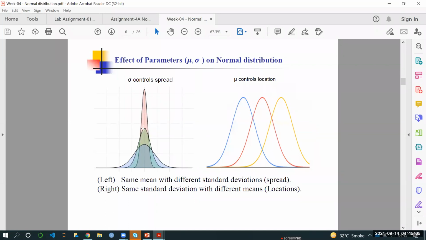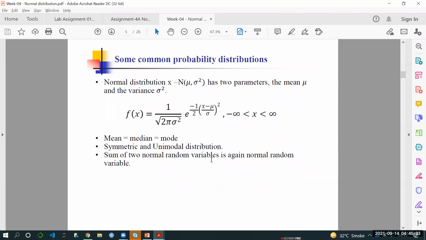If it is more than 3, we say that the histogram or the frequency curve is higher than a usual normal distribution. And if beta 2 is less than 3, the curve is lower than the standard normal distribution. So whenever we see these types of shapes, we compare with beta 2, whether it is less than or more than 3.